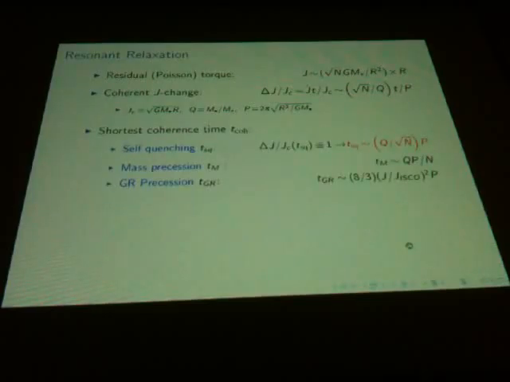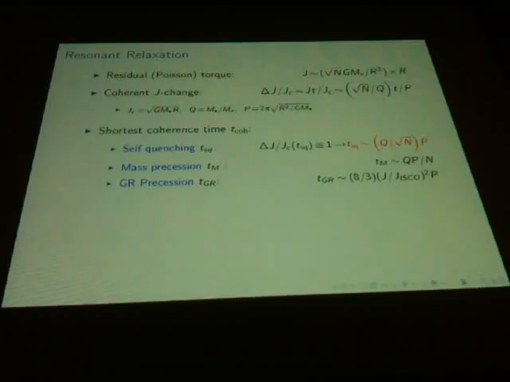Now, how long would this coherent torquing last? It doesn't last forever. The system is not strictly a Keplerian system. There are various other things that break the symmetry slowly, and will start making the orbits drift from their fixed Keplerian position, and therefore scramble the background that is torquing our test star.